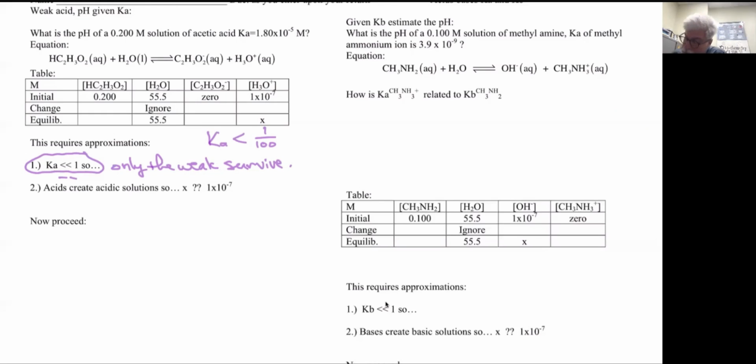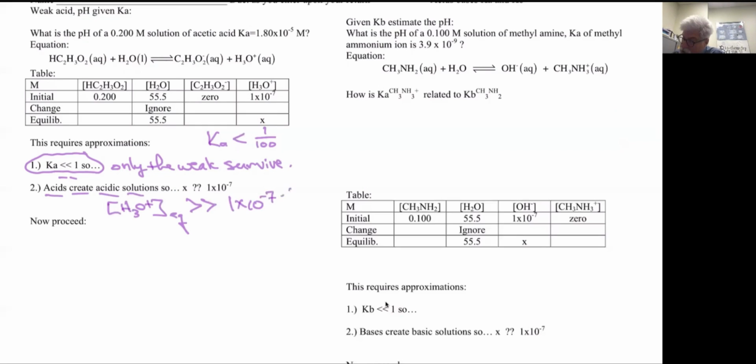Okay, now acids create acidic solutions. This means that the concentration of H3O+, when we have reached equilibrium, will be so much greater than 10 to the minus 7, that 10 to the minus 7 becomes insignificant.